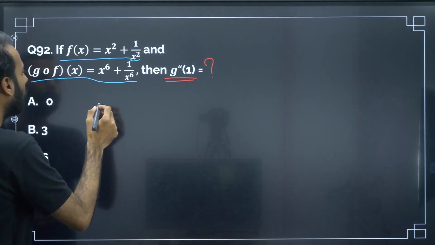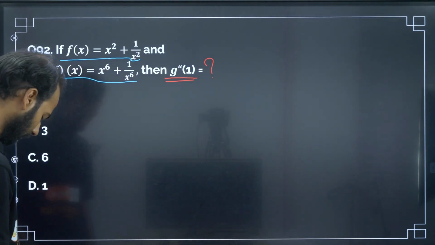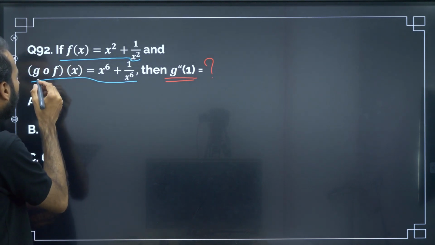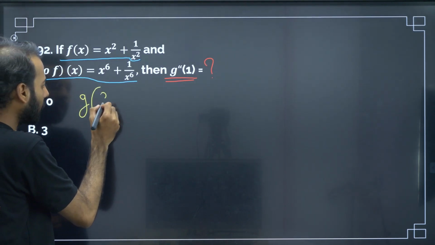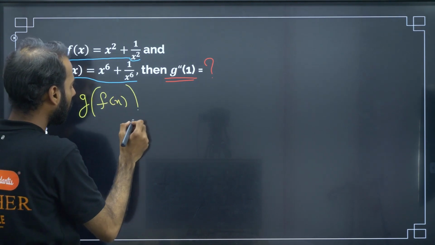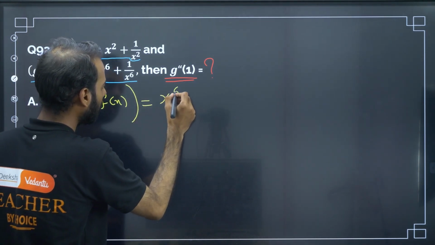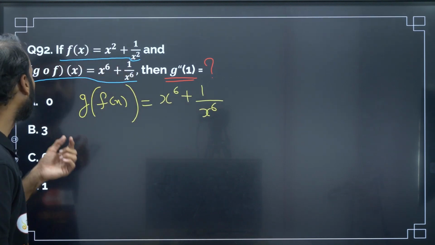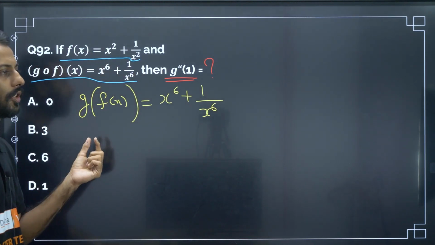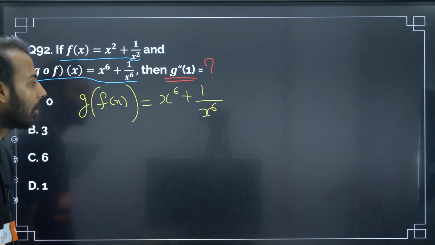How to start? F of x is equal to this, for that we can't do anything. Now g of x, what is the meaning of g of f? For this g function we are giving f as input, which is equal to x to the power 6 plus 1 by x to the power 6.